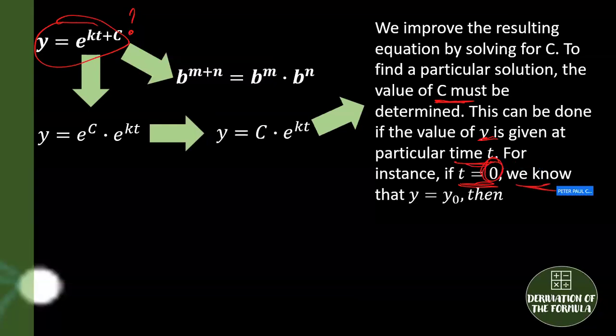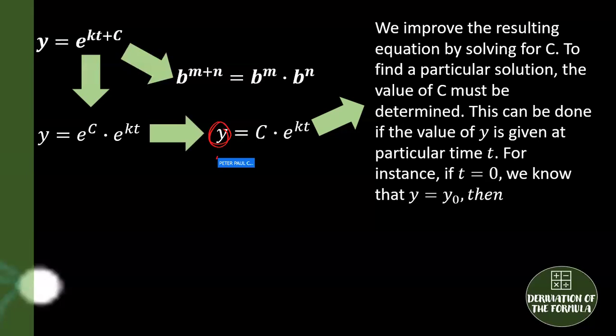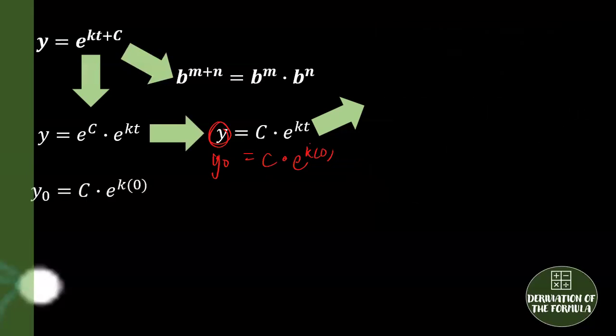So the initial condition will be, instead of y, y sub 0. So I will be replacing this one as y sub 0, and t is 0. So we substitute that one.